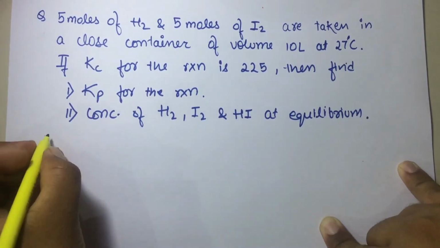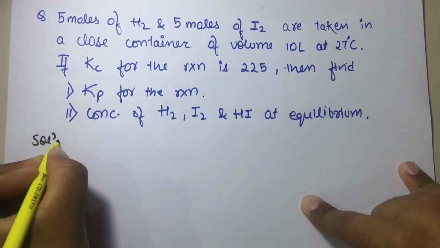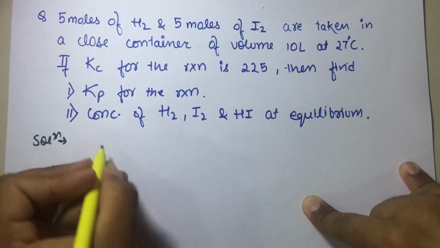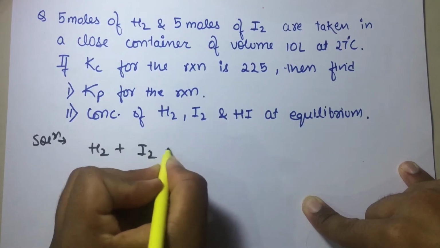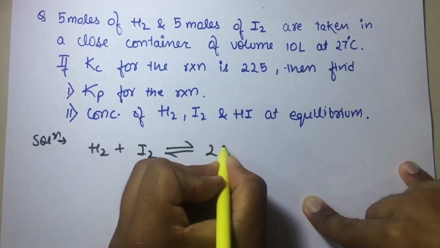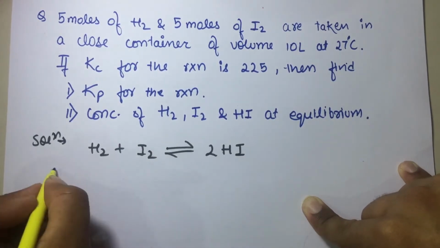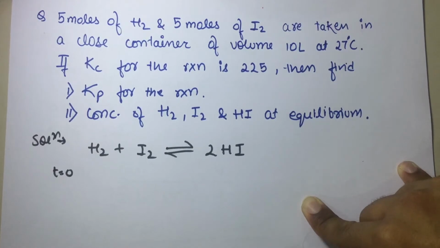So I taught you that always write the equation first. Solution: always write the equation first. So suppose the reaction is H2 plus I2 gives 2HI. At T equal to 0, are the initial number of moles given?